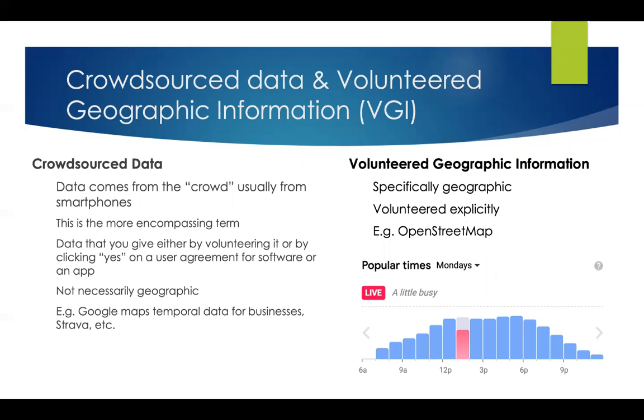This is data that comes from the crowd, like the graph down in the bottom right-hand side, which is from Google Maps, which tells us how busy a place is in the middle of the day on a Monday. Crowdsourced data comes from either explicitly volunteered data or by you clicking yes to a user agreement for a software or app.